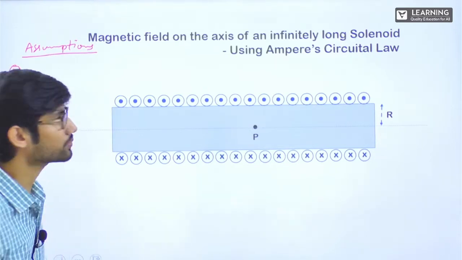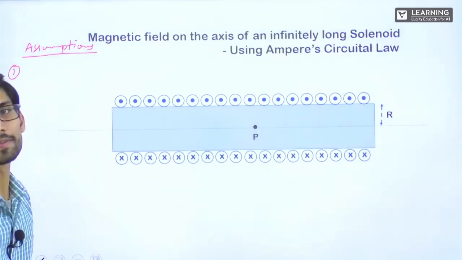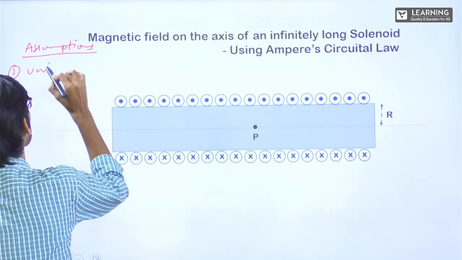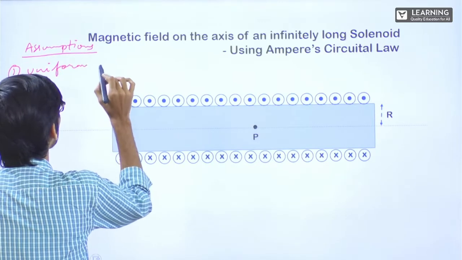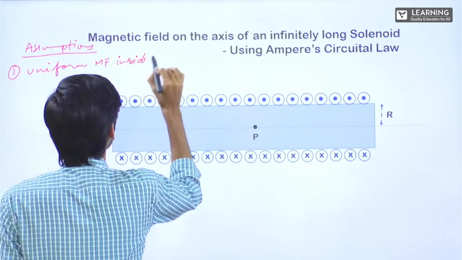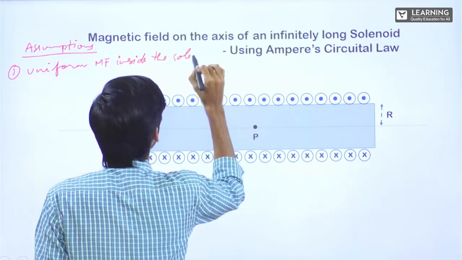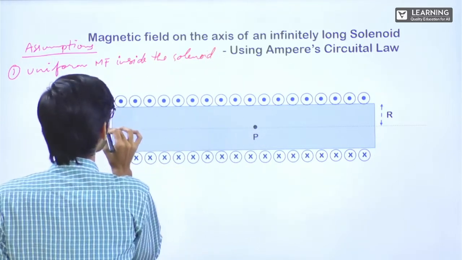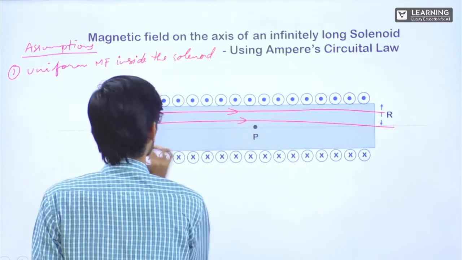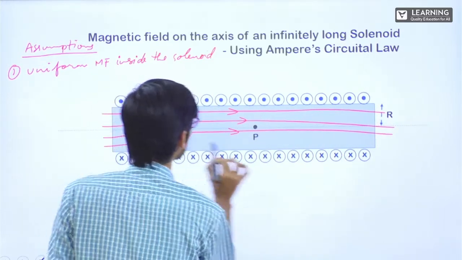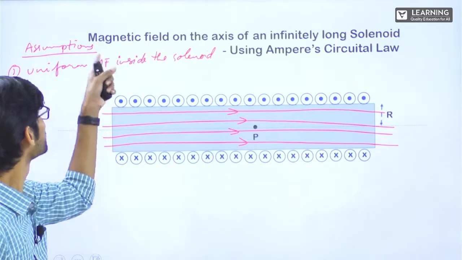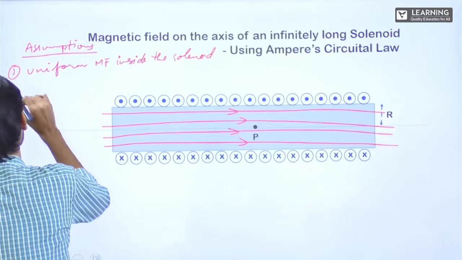First one: the magnetic field inside the solenoid is uniform. Clear? The direction for this, if you see, is something like this, correct? Straight lines. Uniform means straight lines equidistant from each other.